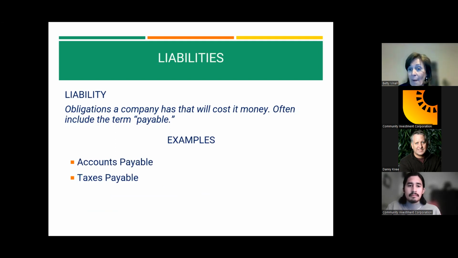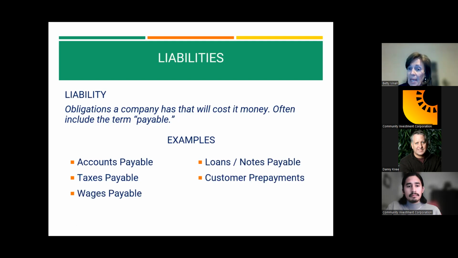It could be your property tax, or it could be another form of like the corporate tax if you were incorporated. Wages payable. This usually doesn't happen, but some businesses may pay by event, and say one event you weren't able to pay an employee. So technically you have to hold that money, and that's a liability because you owe it to the employee. Loans and notes payable, customer prepayments.